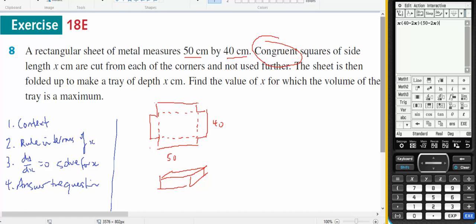Now, since I'm going to lose those bits, this bit along here is 50 minus 2x. This bit here is 40 minus 2x, because I lose an x there and I lose an x there off my 40, and I lose an x and I lose an x off my 50. So that's x, that's 40 minus 2x, and that's 50 minus 2x.